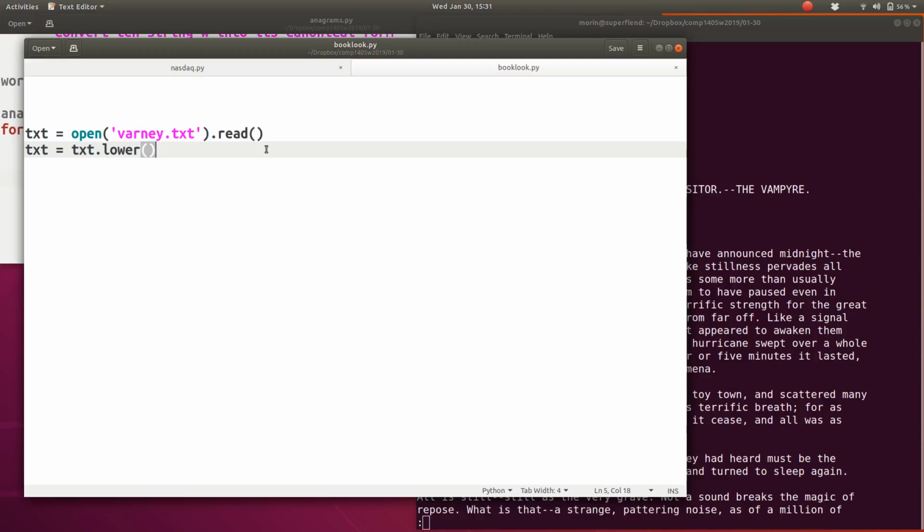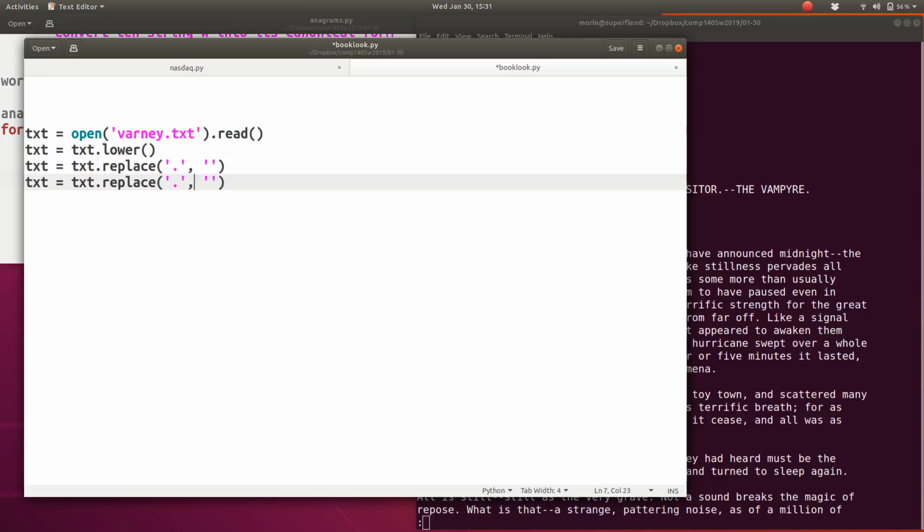So let's do that. Let's replace any of these punctuations with nothing. So periods, commas.